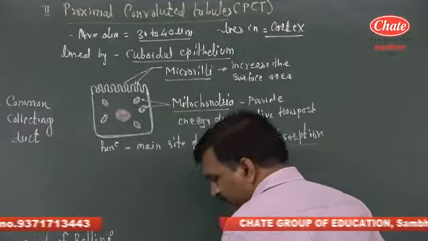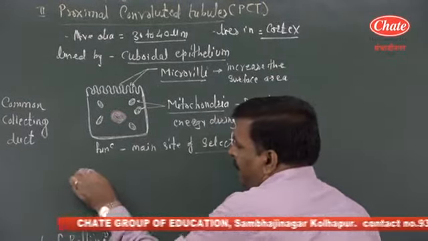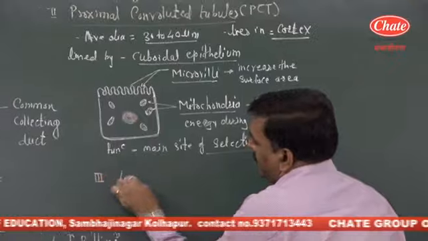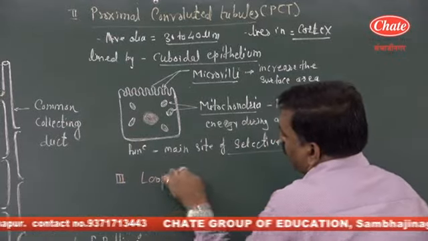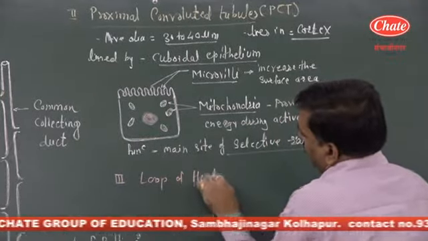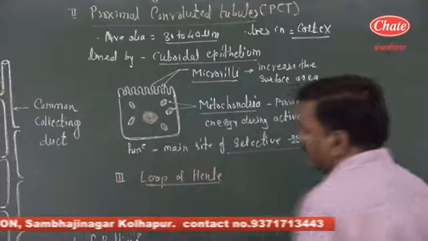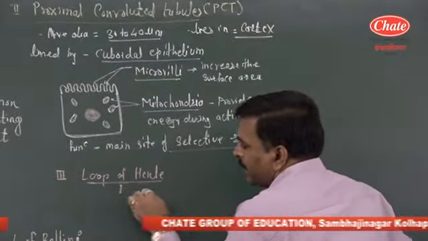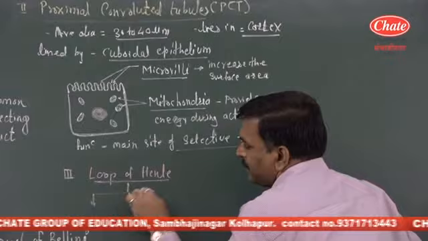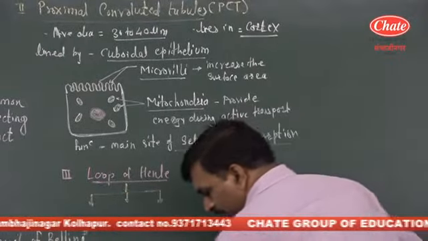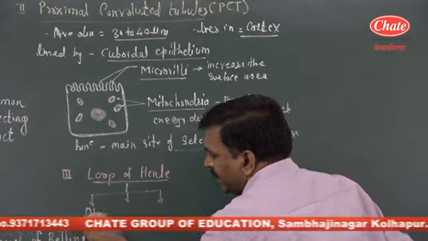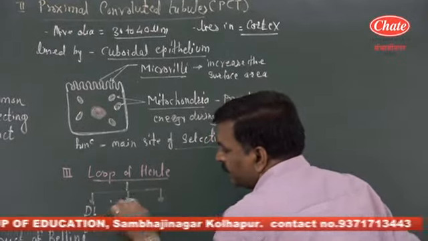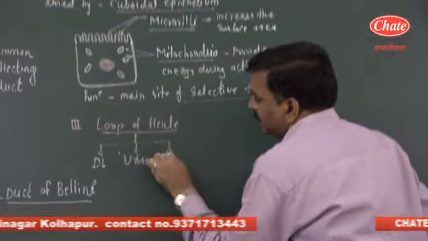Now the third part is the loop of Henle. This loop of Henle is made up of three components, that is descending limb, U-turn and ascending limb.